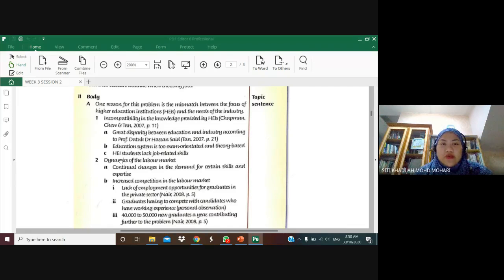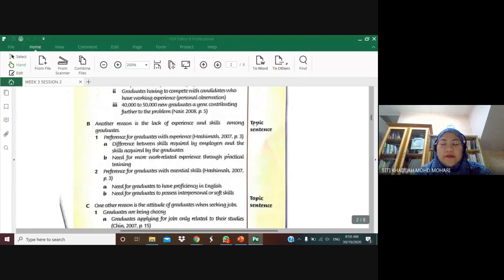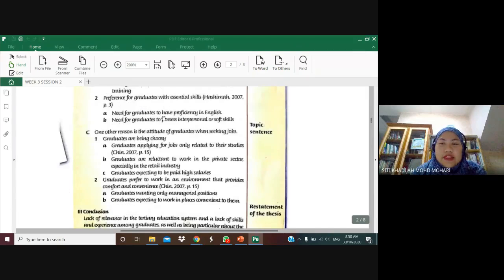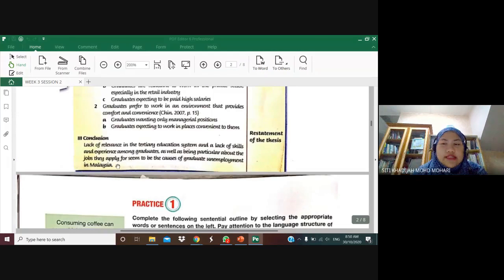And then the second topic sentence for the second body paragraph: another reason is the lack of experience and skills among graduates. And then last but not least, the third topic sentence: one other reason is the attitude of graduates when seeking jobs. The supporting details, perhaps graduates are being choosy. Then you elaborate more. Number 2, graduates prefer to work in an environment that provides comfort and convenience, and you elaborate more. And then we have the concluding sentence.